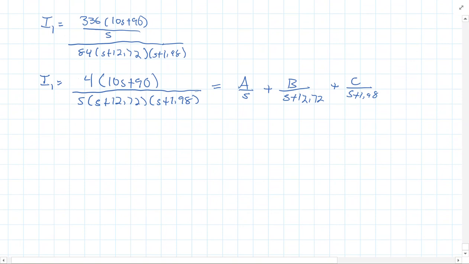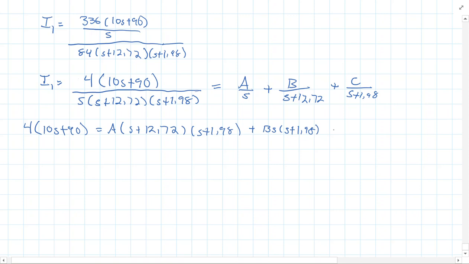To finish this problem out with partial fraction expansion, of course we would have that, I'll just leave it as 4 times 10s plus 90 is equal to a times s plus 12.72 times s plus 1.98, plus bs times s plus 1.98, plus cs times s plus 12.72.